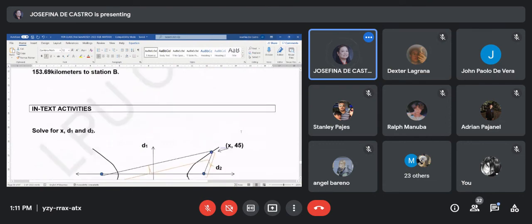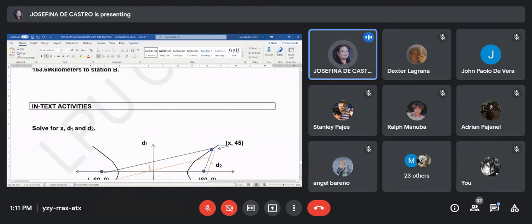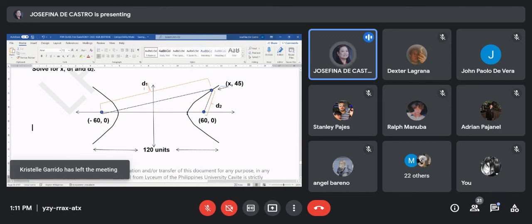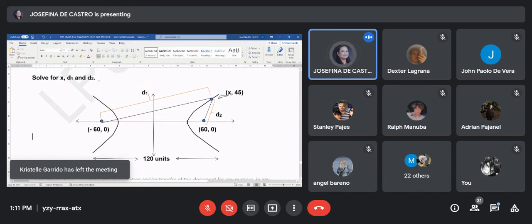Okay? So, ang practice dito ay yung manipulation lang. Solve for D sub 1. Ito ay manipulation lang para lang ma-practice ng pagsosolve ng x, D sub 1 at D sub 2.